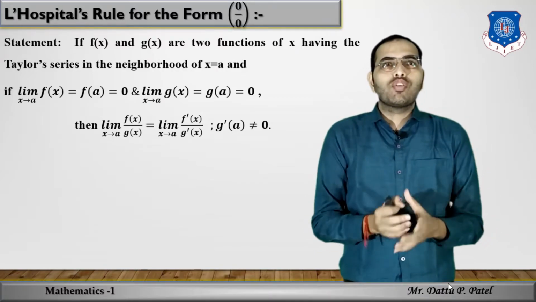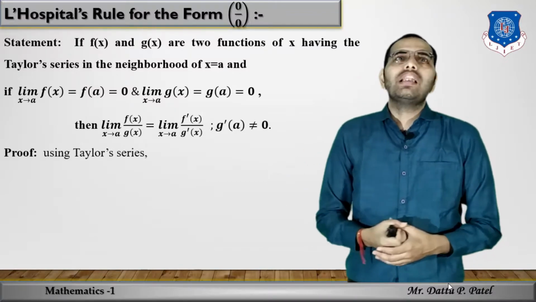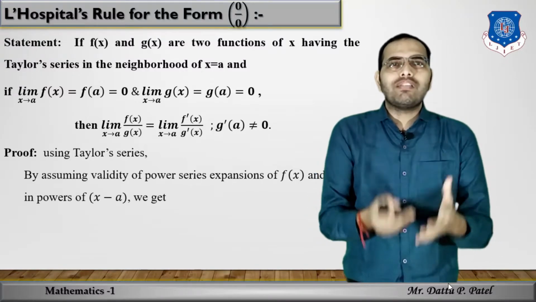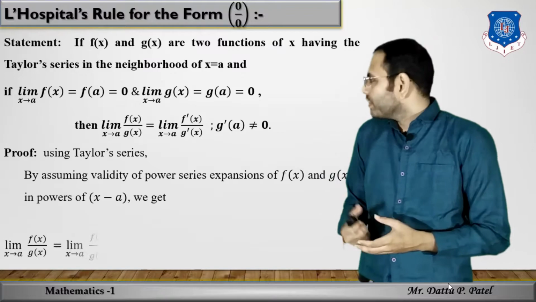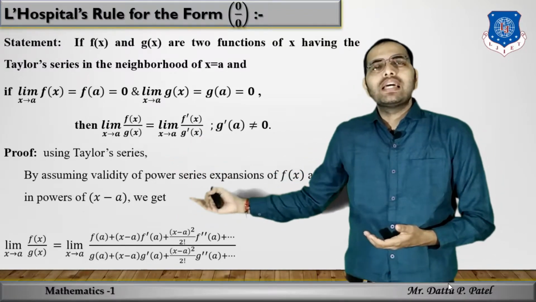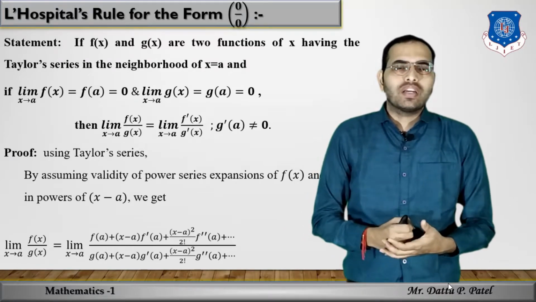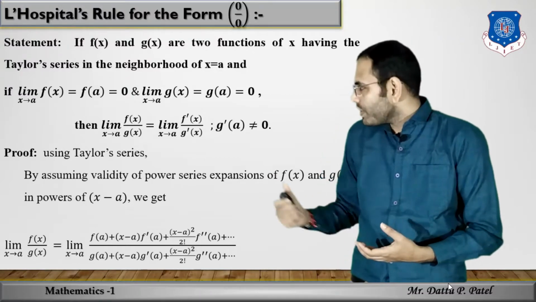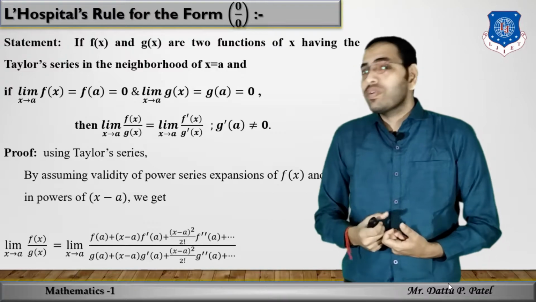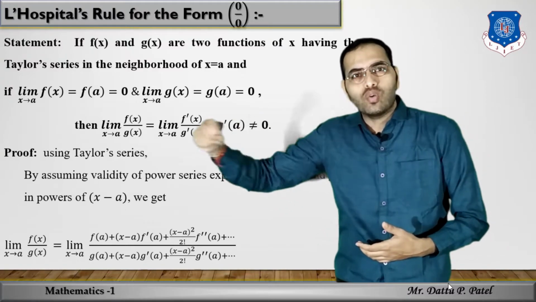Let's see the proof of the L'Hopital rule. Here, with the help of the Taylor series expansion of f of x and g of x in powers of x minus a, we get limit x tends to a f of x by g of x equal to limit x tends to a of f of a plus x minus a f dash of a plus x minus a whole square by 2 factorial f double dash of a plus x minus a whole cube by 3 factorial f triple dash of a, and so on.